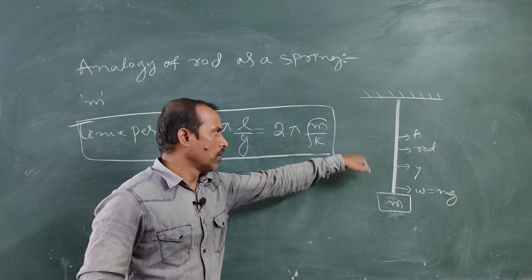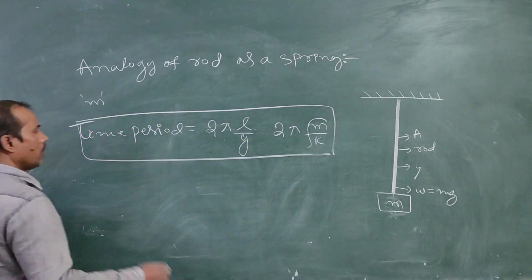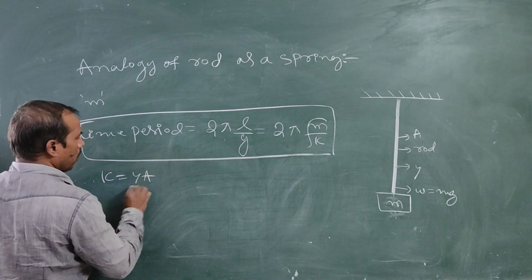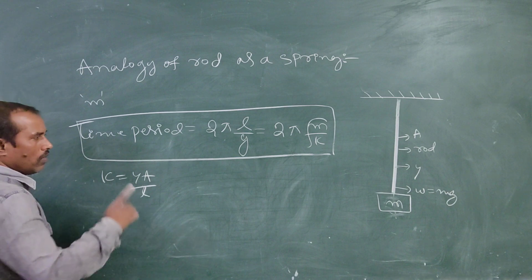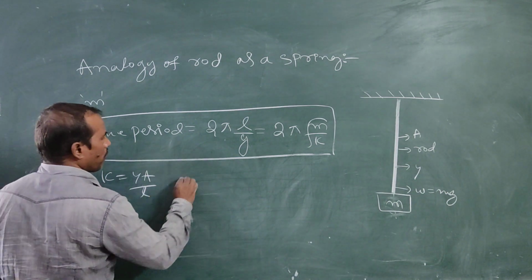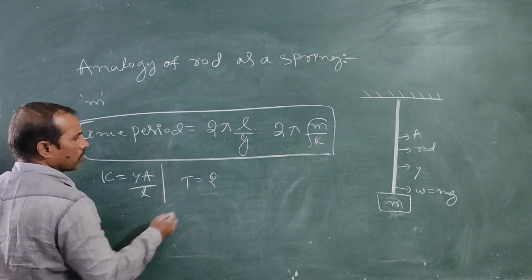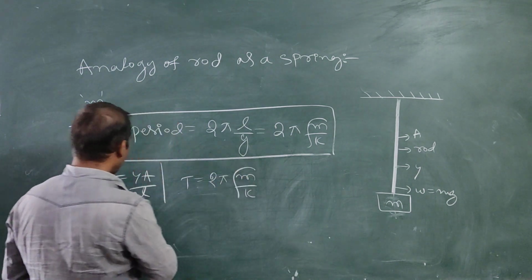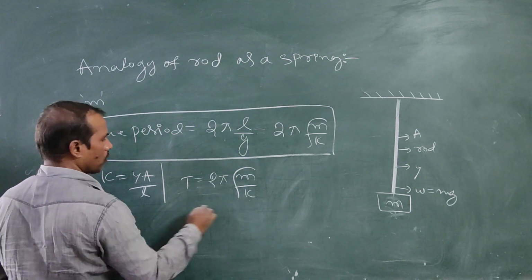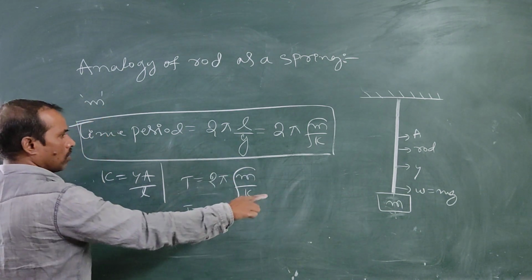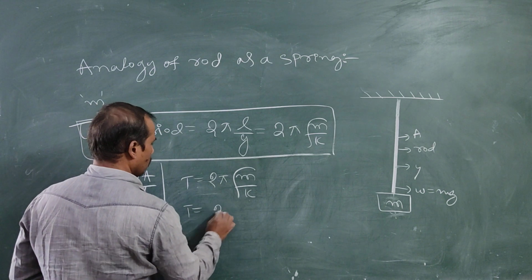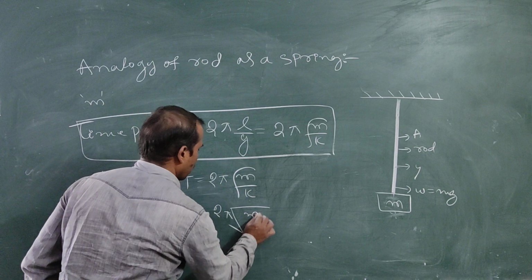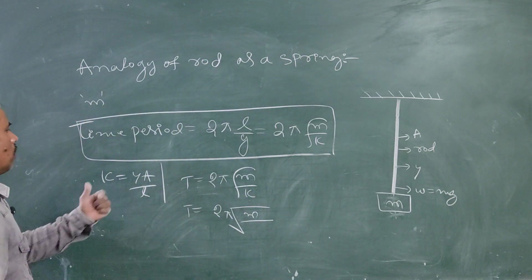But in this case K is equal to YA by L. So the time period T is equal to 2 pi under root m by k. Substituting this value, the time period of the mass is 2 pi under root of m upon YA by L.